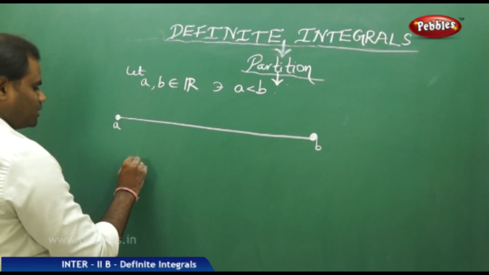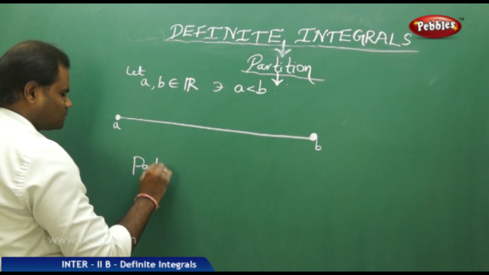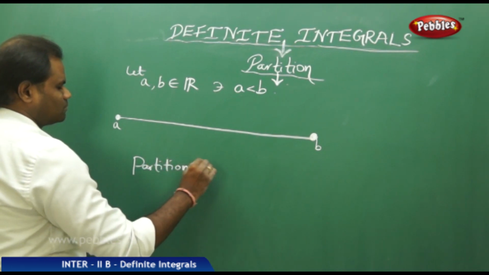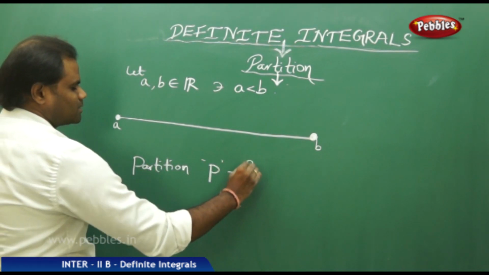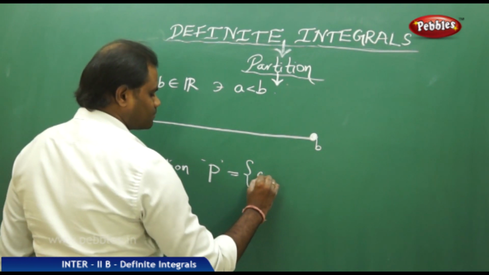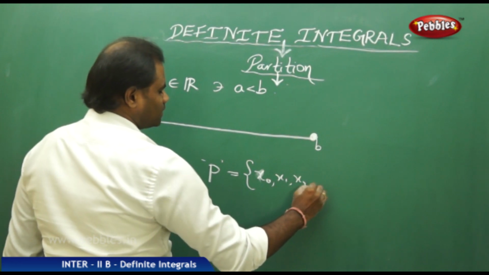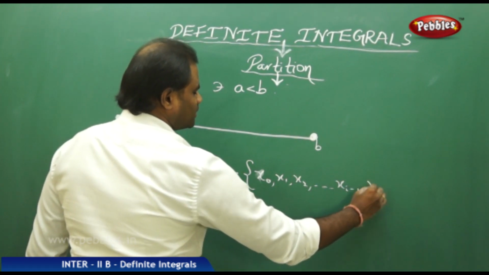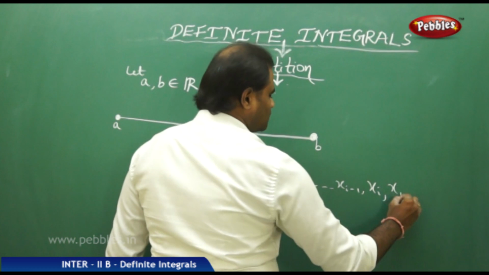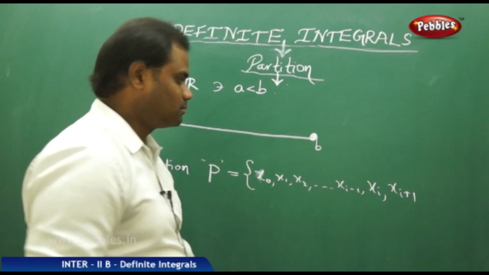Then the partition denoted by p is said to be x1, x2, xi minus 1, xi, xi plus 1.